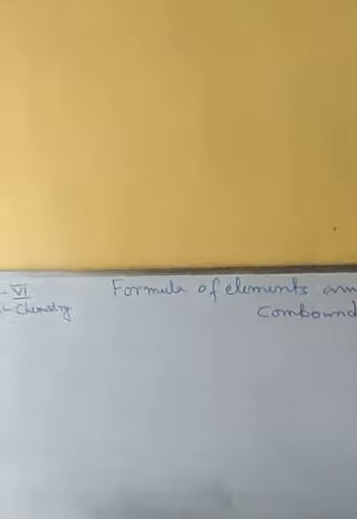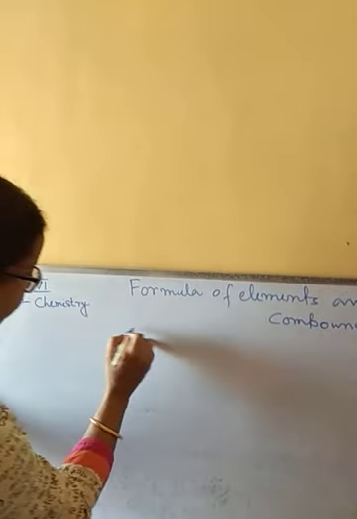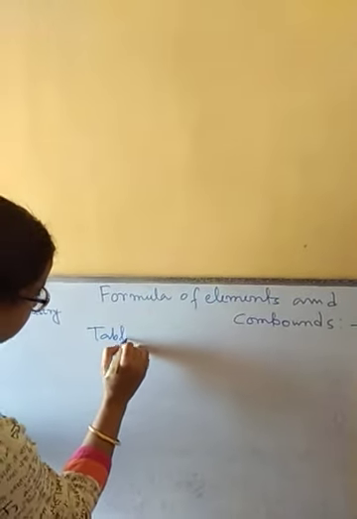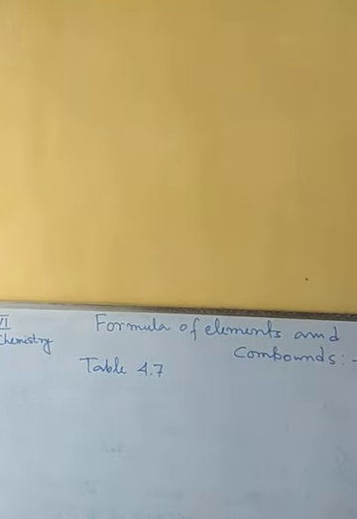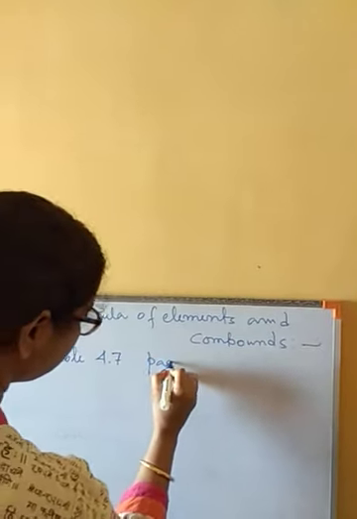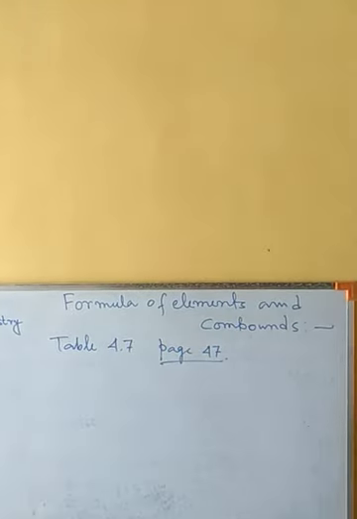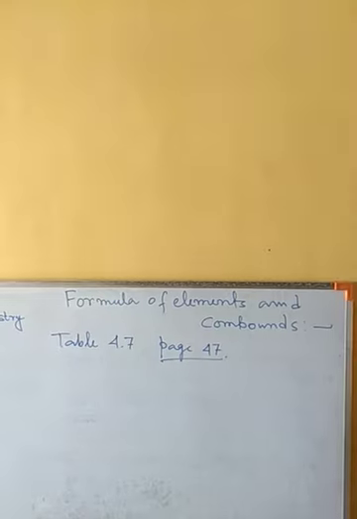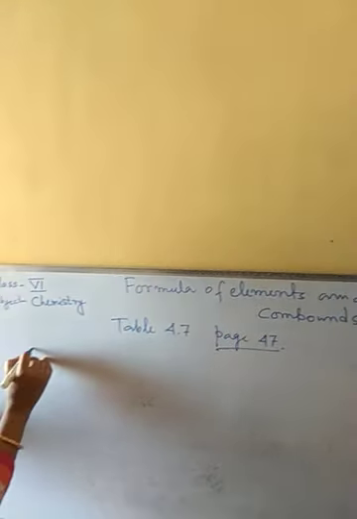Now see table number 4.7. The page number is 47. There you will get the table: molecular formula of some gaseous compounds. Carbon dioxide.